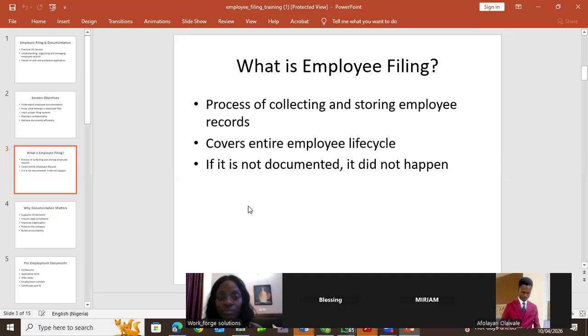Anything that happens with the employee has to be inside that file. If it is not documented, it did not happen. If you give him a query and it's not documented in the file, it never happened. There's no proof that it happened. So everything has to be documented.